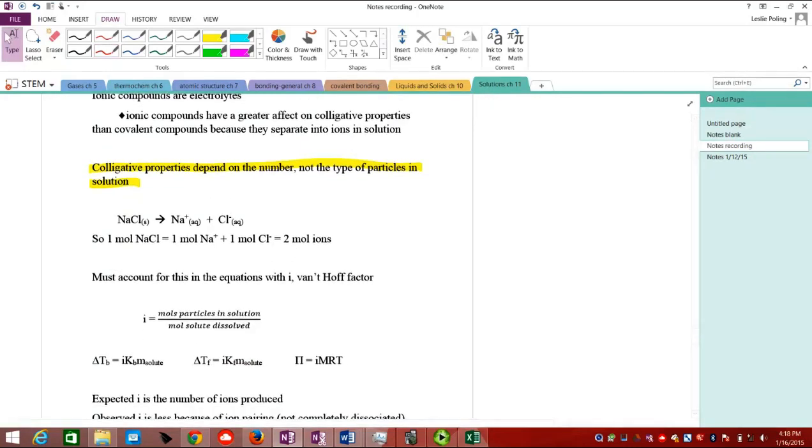So, if you have a non-ionic compound, you dissolve it in water. Okay.